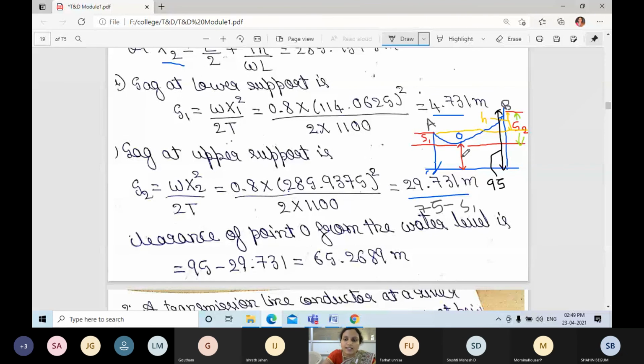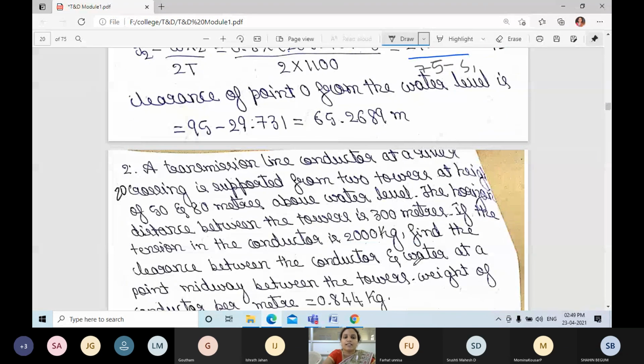Okay, this is the clearance. What I have written as a red line is this distance from O to here, that is nothing but clearance. Clearance, how much we got? 65.2689 meter.